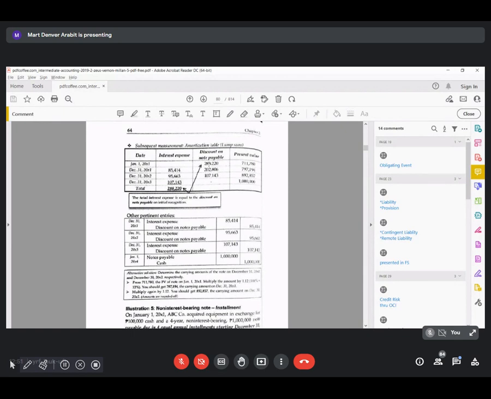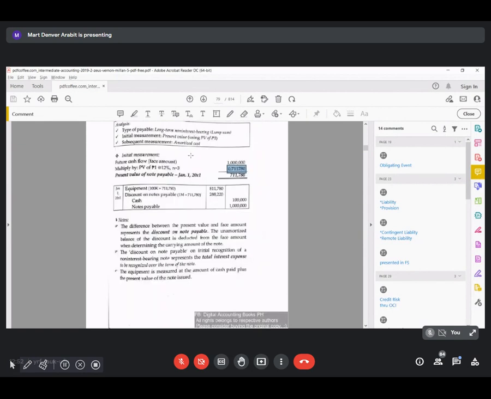So, ang purpose lang natin kung bakit natin siya ipe-present using this effective interest method is to accurately compute yung interest niya based dun sa discount that we have computed, based naman dun sa market rate niya, which is yung effective rate niya.